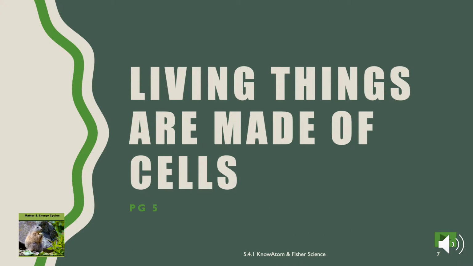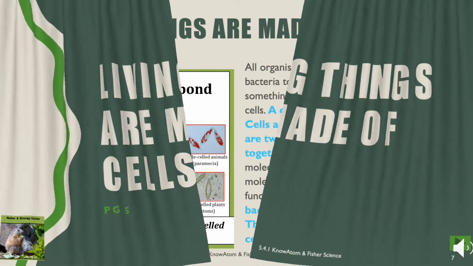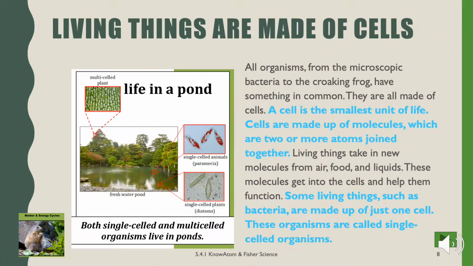Now we go to page 5, where we're going to talk about what living things are made of. So we've already made our 3D models of the cells, but all living things are made from cells. Some living things can be single-celled, some can be multicellular. And we know that a cell is the smallest unit of life. They're made up of molecules, which are 2 or more atoms joined together.